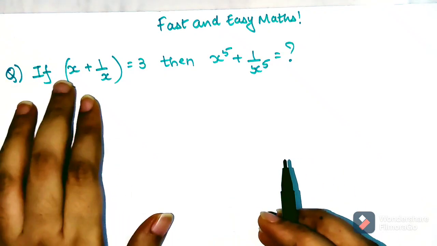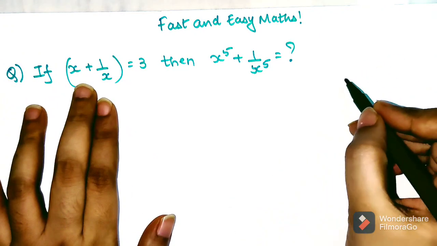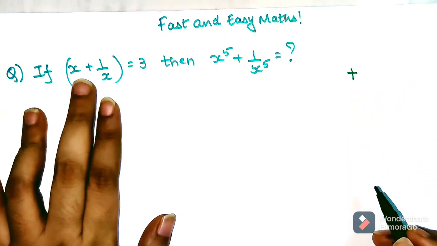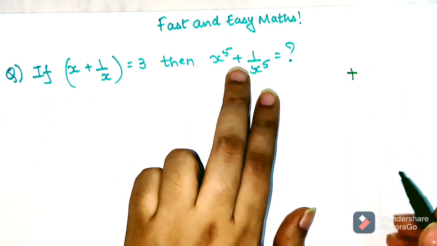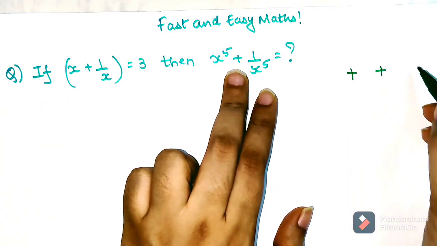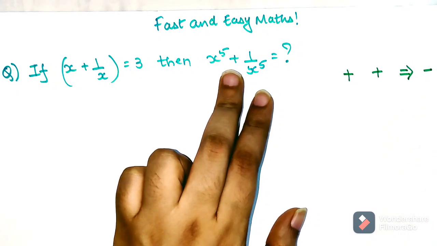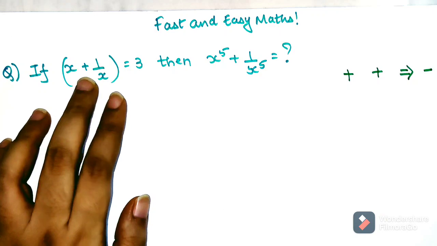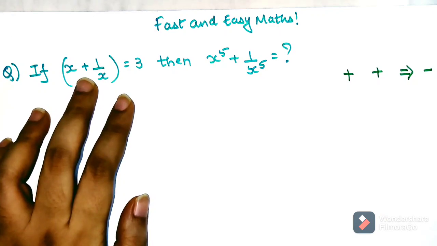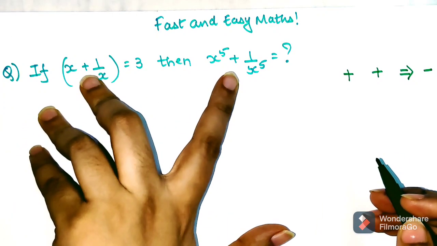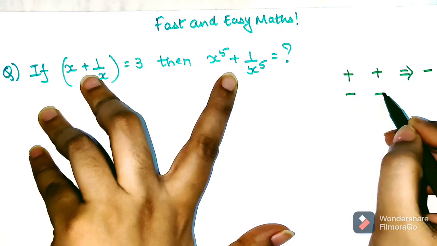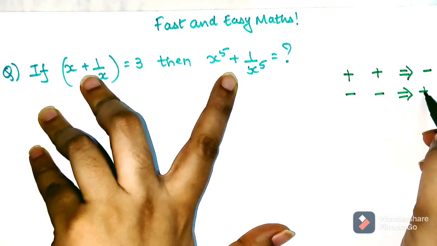Okay. So first thing, when the given part has a plus sign in between and the question also has a plus sign, in your technique you will subtract, okay? And if there is a minus sign over here as well as over here, then you will add.